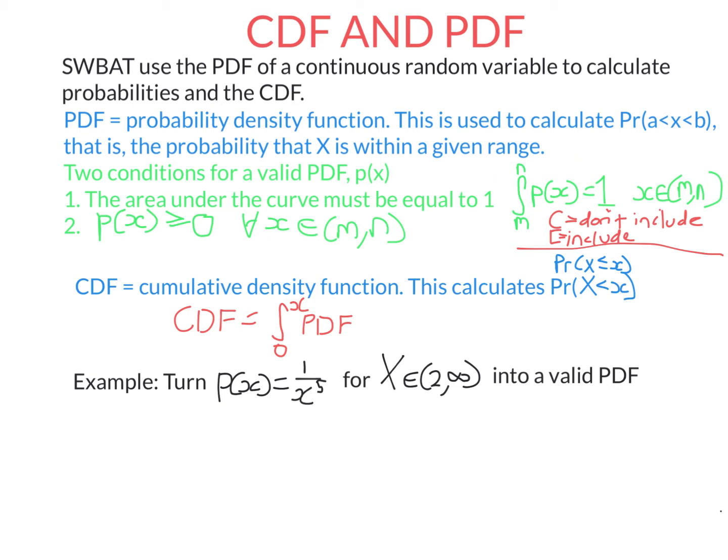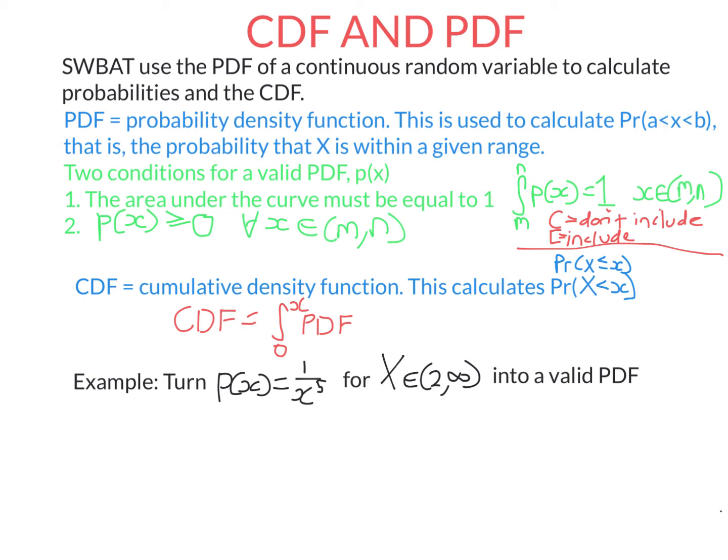So this obviously says that the integral from the lowest value that x can take to the highest value x can take must be equal to 1. Another way of saying that is the area under this curve for all possible values of x must be equal to 1. That's the first condition that must be met for a function p(x) to be a valid PDF.